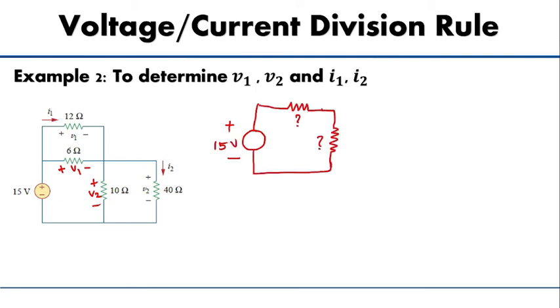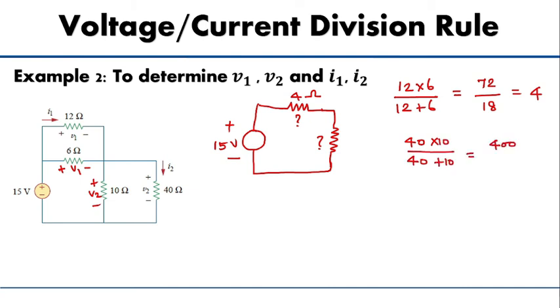This 12 and 6 ohm are connected in parallel. Therefore, 12 into 6 divided by 12 plus 6, which gives you 72 divided by 18, which is 4. Therefore, here it is 4 ohm, and here it is 40 cross 10 divided by 40 plus 10, which gives you 400 divided by 50, which is 8.